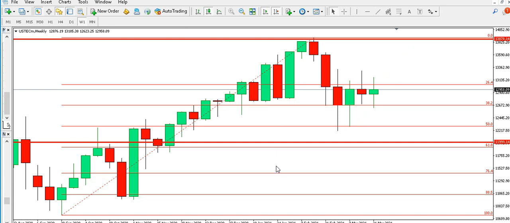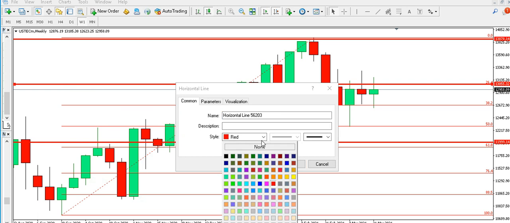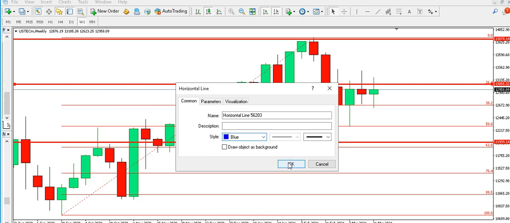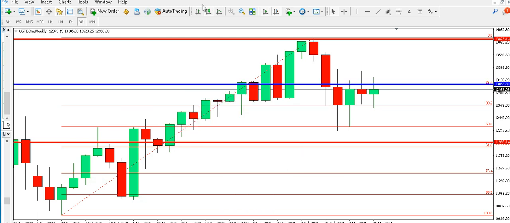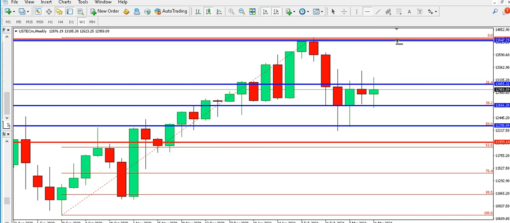All right, so we are going to map out the weekly support and resistance levels with blue horizontal lines.